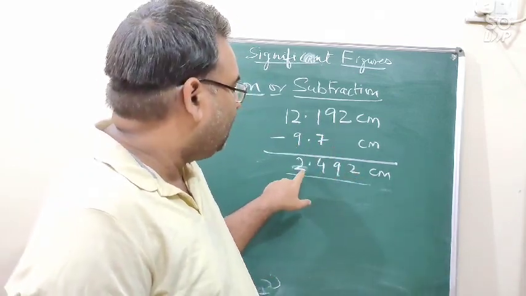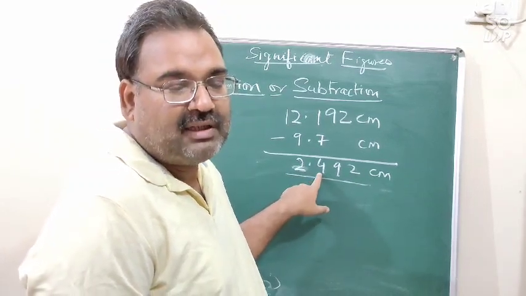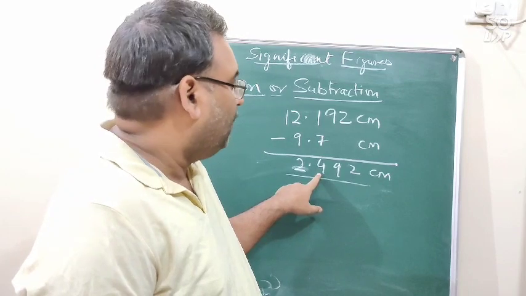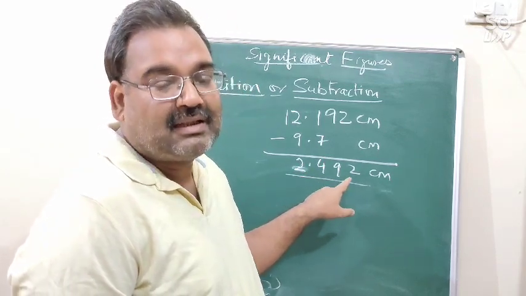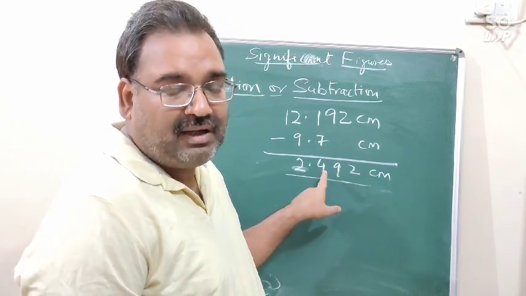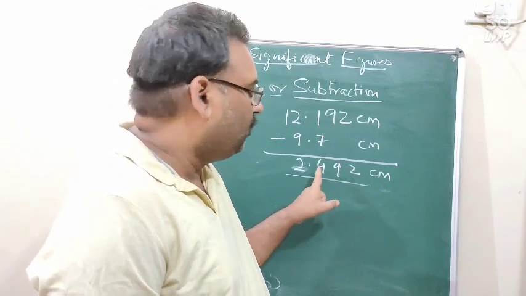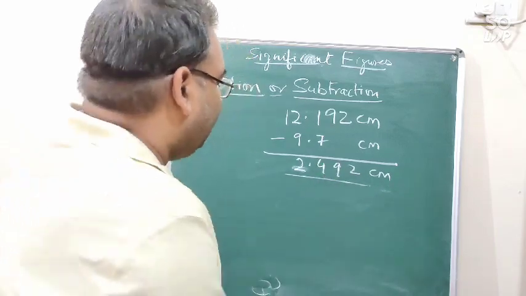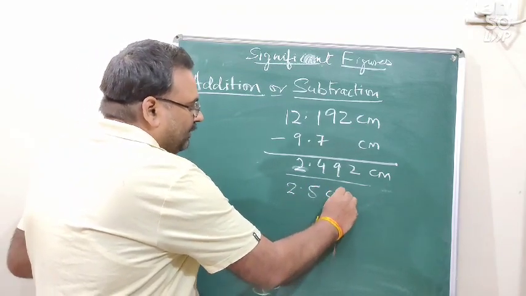We will get 2.4. But after 4, the next digit is 9, which is greater than 5. So we will round it off. We will add 1 to 4. The final answer will be 2.5 centimeter.